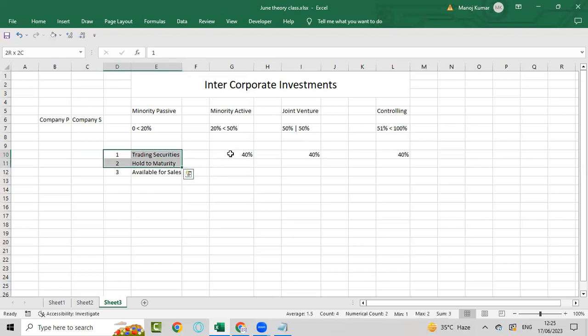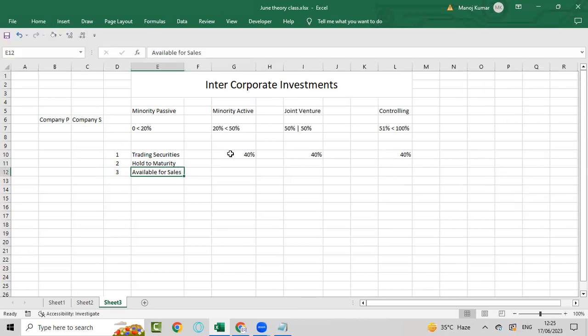It can be hold to maturity. If you want to hold it till maturity, then it will be called hold to maturity. So hold to maturity cannot be shares. It can be bonds, notes, commercial papers, right? So it can be debt only. But trading security can be both debt and equity. Now, third is available for sale.